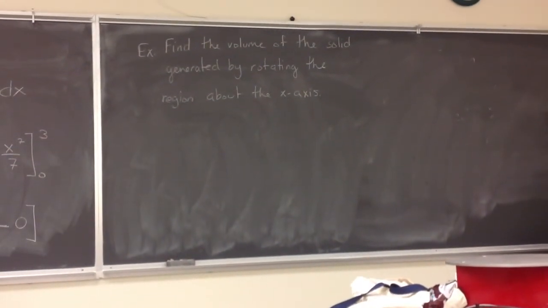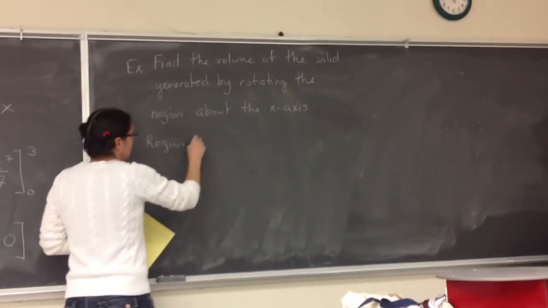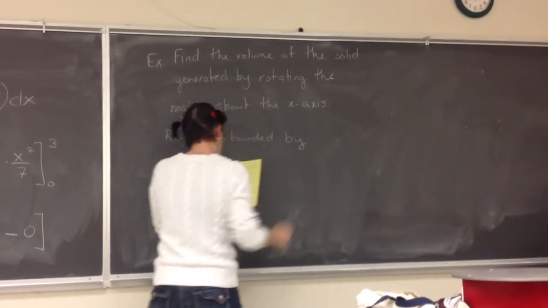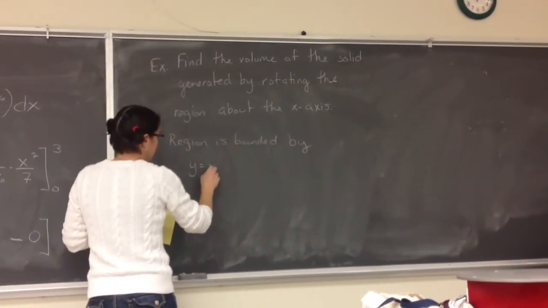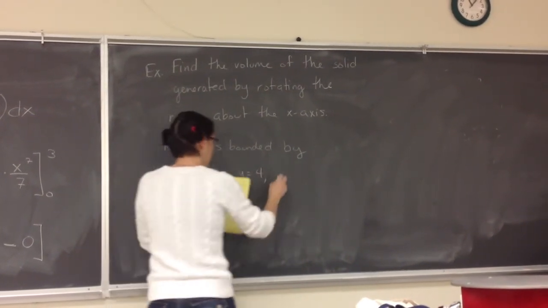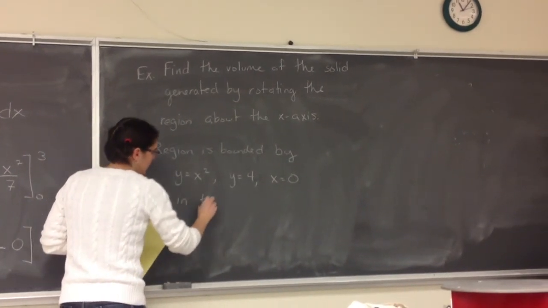Now, what region am I talking about? Well, the region is bounded by y equals x squared, y equals 4, and x is equal to 0, and we're only talking in the first quadrant.